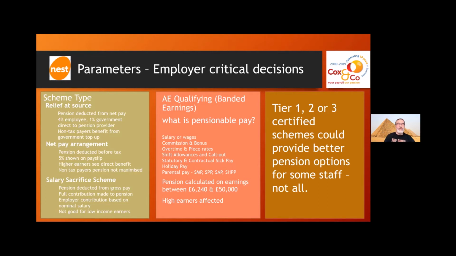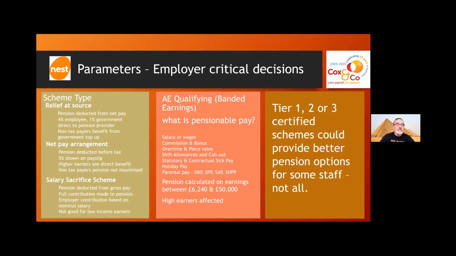So it's not a difficult thing to do, but you really want to do it. So higher earners, they'll see the full percentage deducted from their pay. They won't necessarily spot the tax relief. So, if you saw the two payslips side by side, it would look like that employee was contributing more. Ultimately, they're contributing the same, but in a different way.